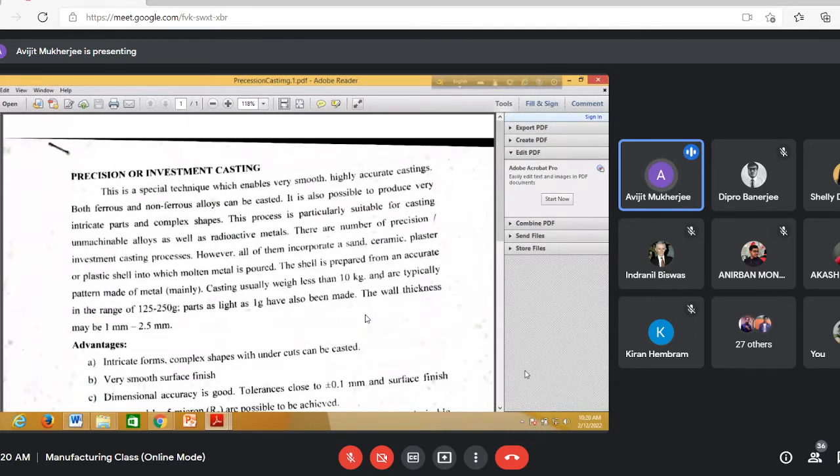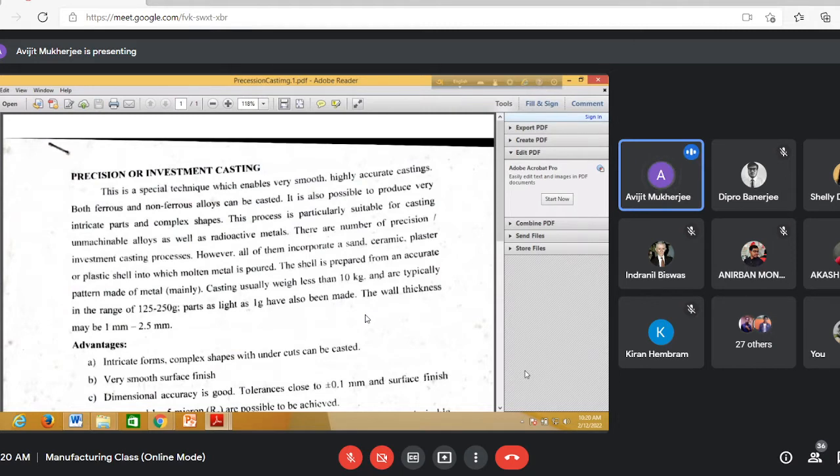So if you think about any ornament, earring or any fine jewelry item, if you want to produce the mold using sand and pour molten metal, gold here, in that cavity, what is the wastage? And that fine shape, that is intricate parts or thin sections, can't be produced, right?